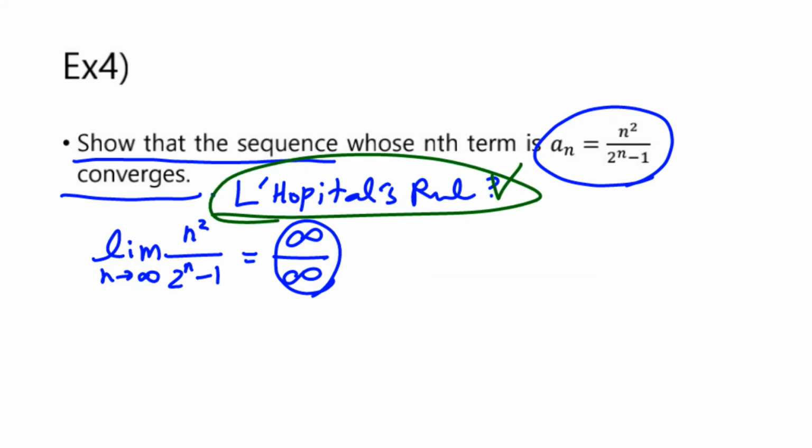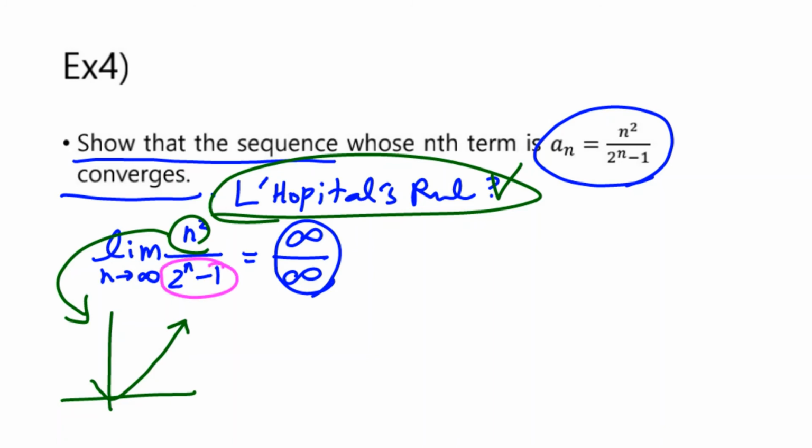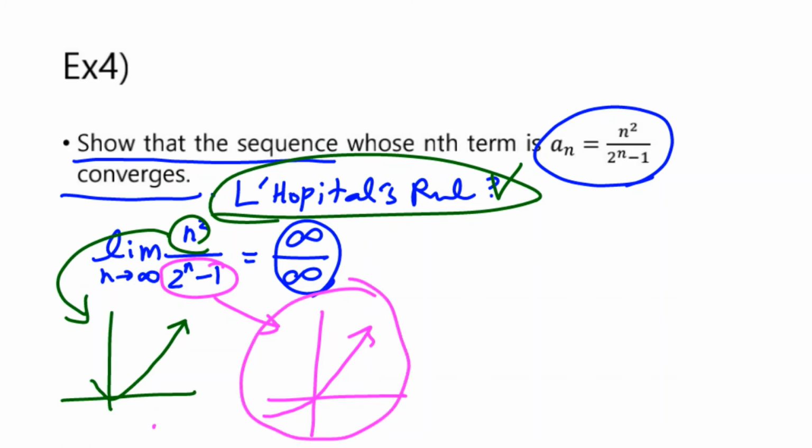But before we use the rule, let's check. If we graph n squared, it is a parabola, so it goes up like that. The denominator is an exponential function, 1 unit down. Which one goes up faster? My assumption is the exponential function, but let's check.